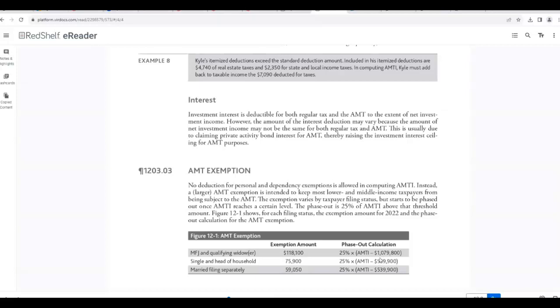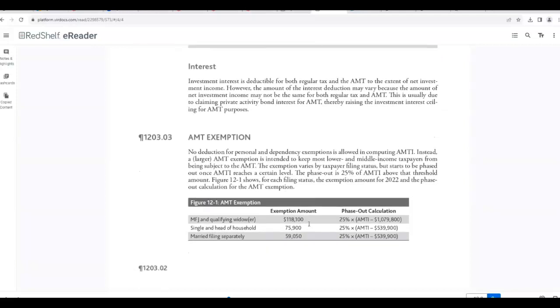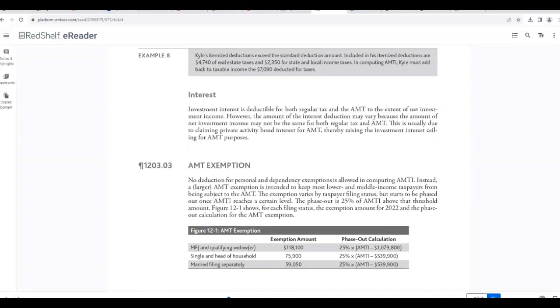So for every dollar that you go above this, I'm going to take 25% out of your exemption. Make sense? But don't you first exempt, and then whatever's over, you deduct at 25%? No. Can you show us exactly a problem on how to do that? Because this is one that I had an issue on. Yeah, very easy.